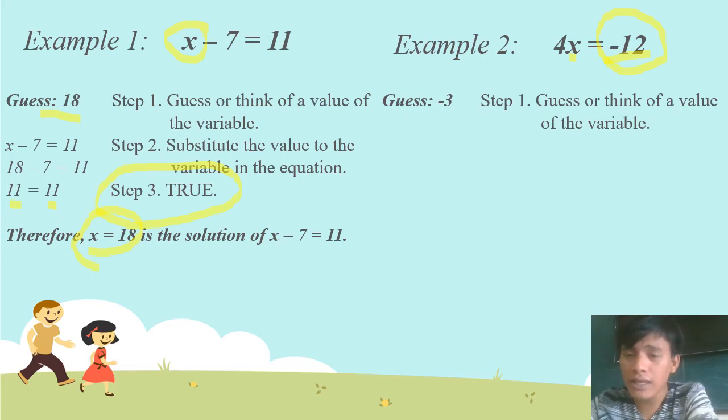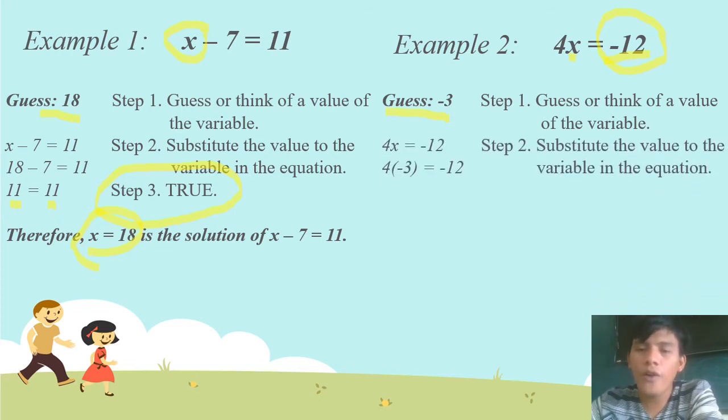We'll try to see. The guessing number is negative 3. We'll check if the result is negative 12. 4x is equal to negative 12. We substitute the value of negative 3 to x. So 4 times negative 3, and our right side is negative 12.